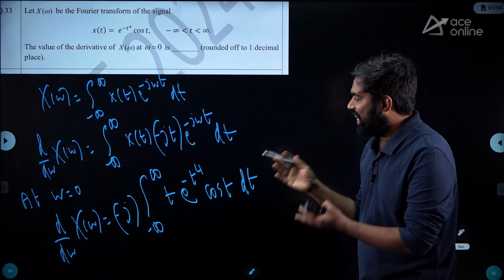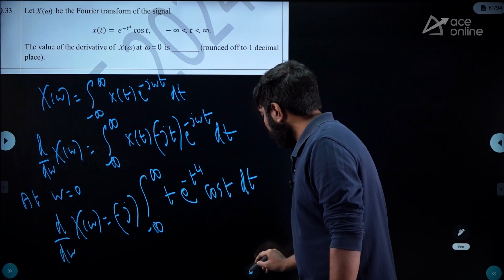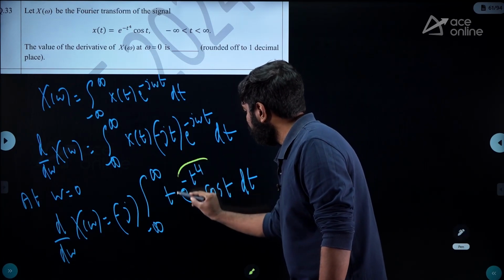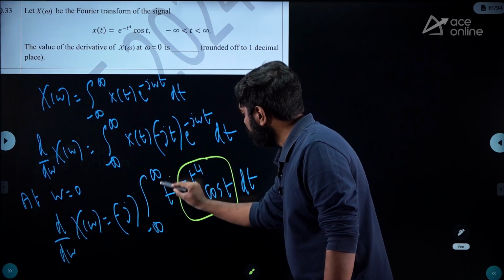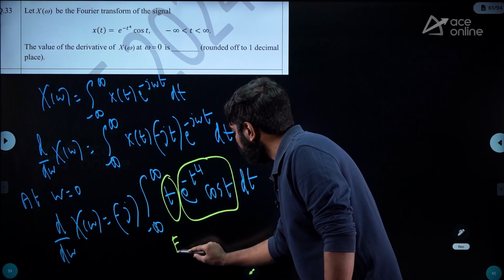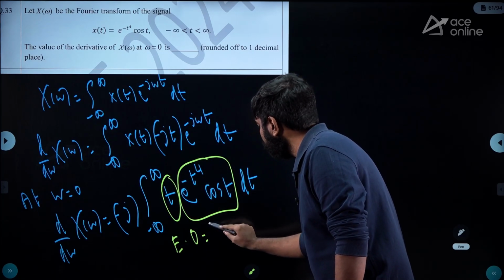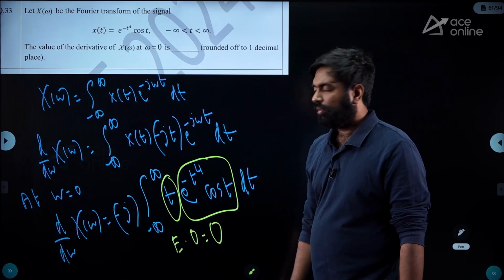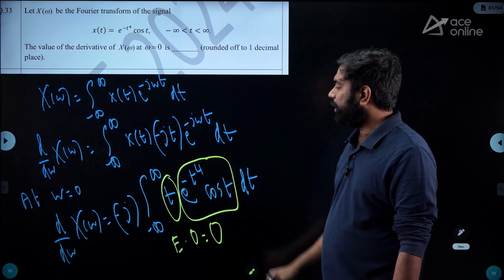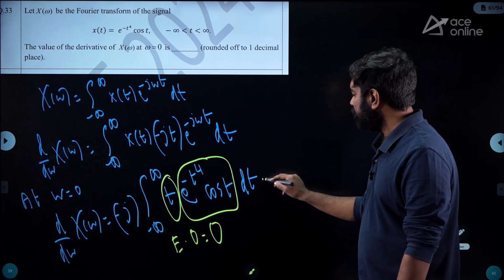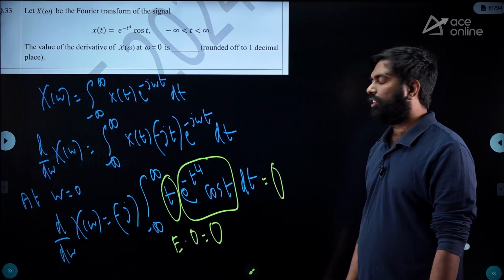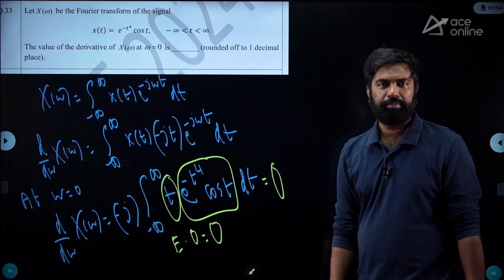So this is the answer now. You can see that this portion is the even signal and this is odd. This looks like an even signal times an odd signal, giving you an odd signal. Integrating an odd signal from minus infinity to infinity will give you the answer as 0. So the answer for this problem is 0, students.